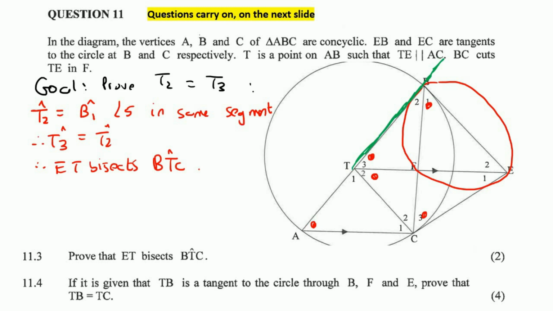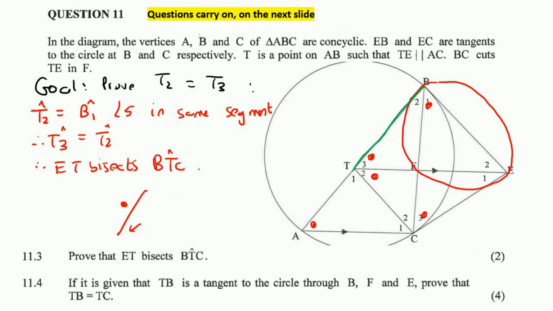Prove that TB and TC are the same. TB and TC. Okay, so they want us to somehow prove that this length is the same as this length. Well, usually, if two sides are the same, like if let's say this one is the same as this one, then it's usually because these two angles are the same.